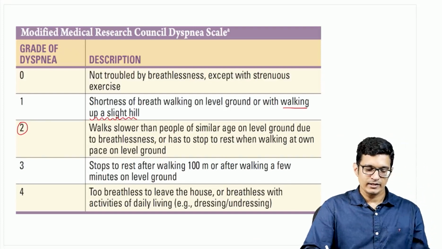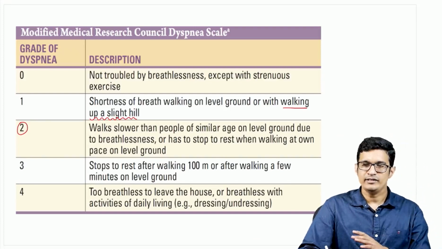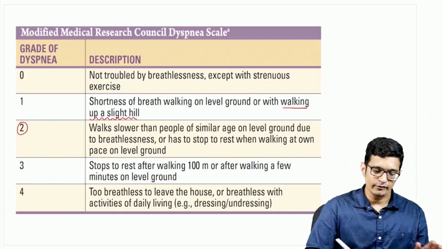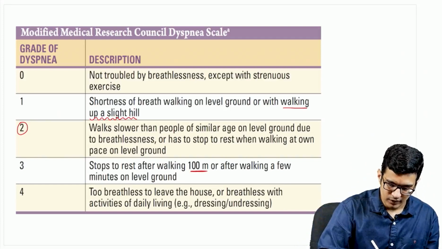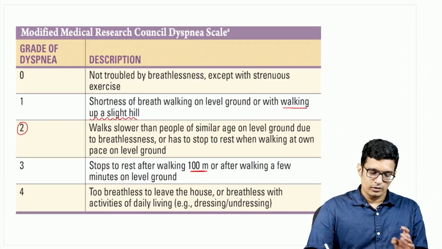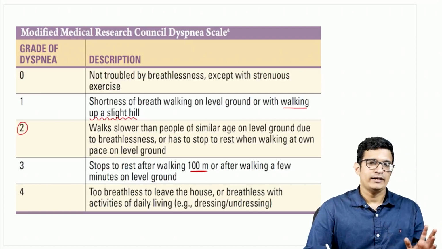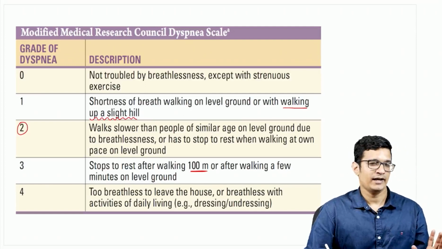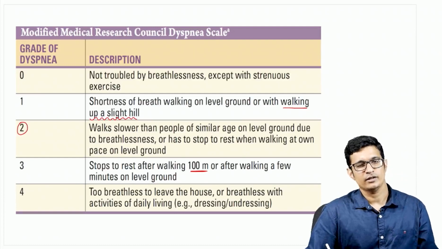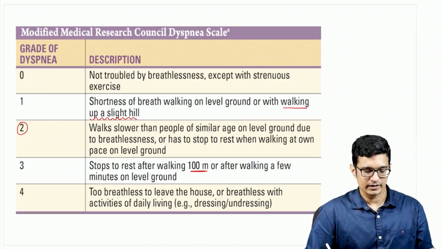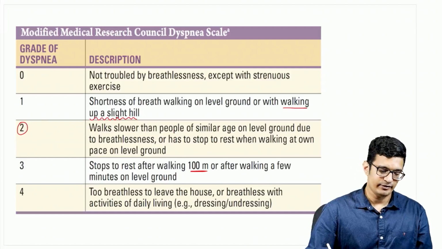Now MMRC grade 3 is the person is not able to walk a distance of 100 meters. So when he walks for a distance of 100 meters, he has to stop and take some rest in order to get some relief of his breathlessness. That is MMRC grade 3.